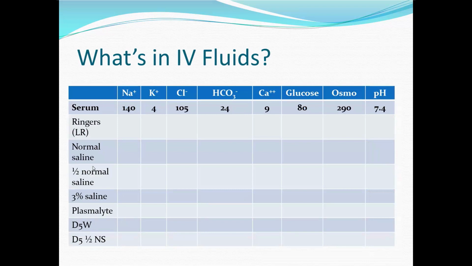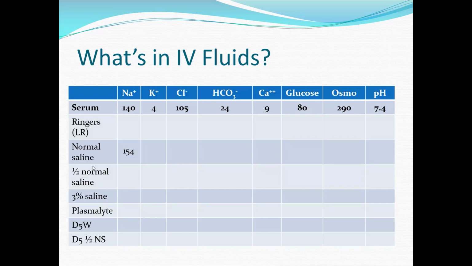So we're going to focus on crystalloid and think about what is in these solutions. We start with the top column of what's in serum, what we looked at before. These are somewhere in the middle of the road for normal serum values for those parameters.